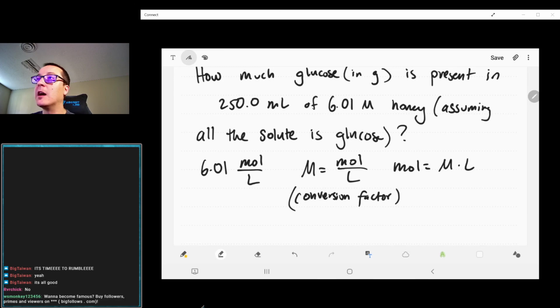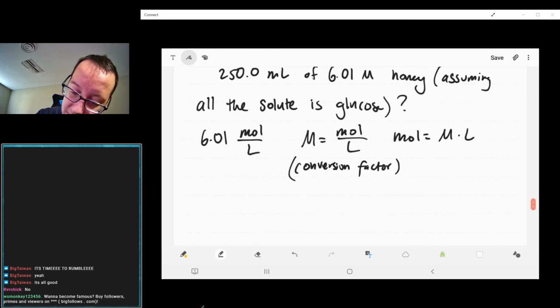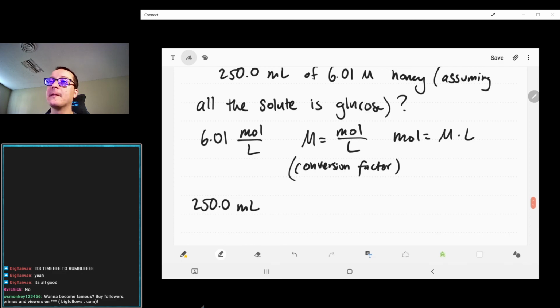So just keep that in mind. So if we have 250 milliliters, well, we're going to need to get that into liters first, right? Because molarity is moles per liter, not milliliter.